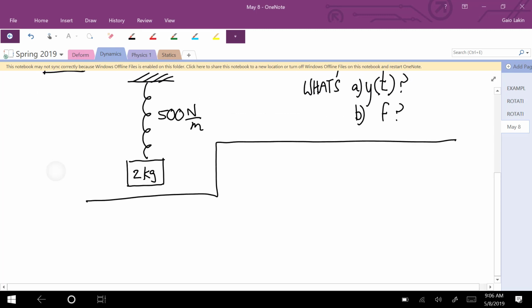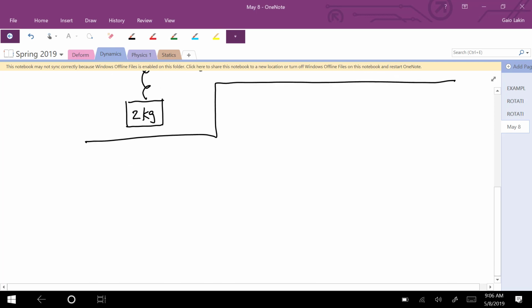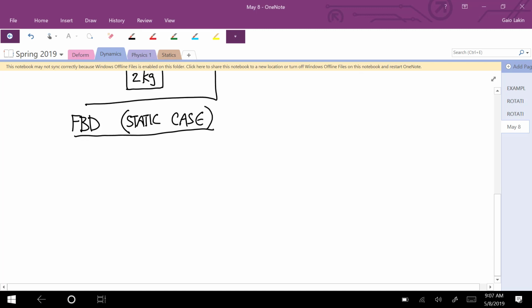So the thought process on this just follows the derivation I did for general things before. So first, we'll do a free body diagram in the static case. So this is at equilibrium, and we're going to call y equals 0 the equilibrium position of the mass.